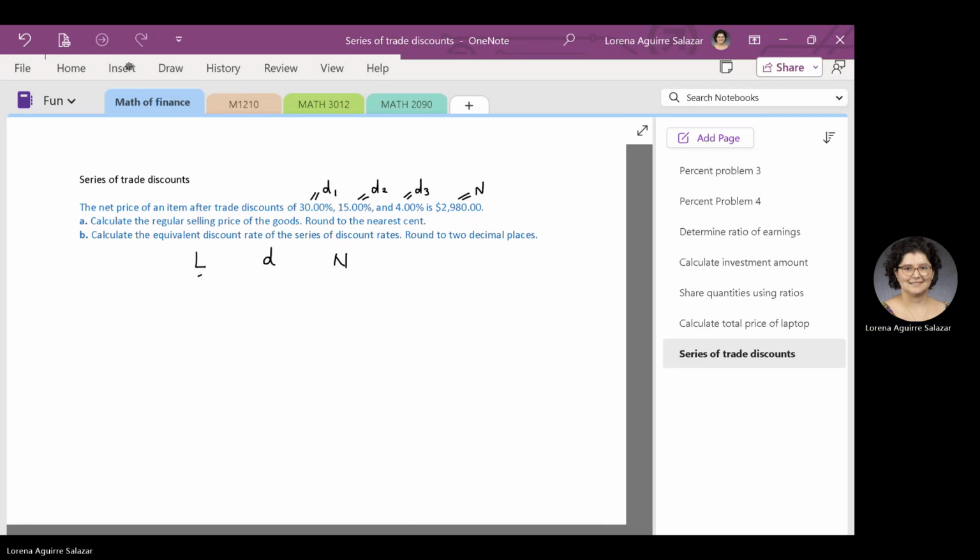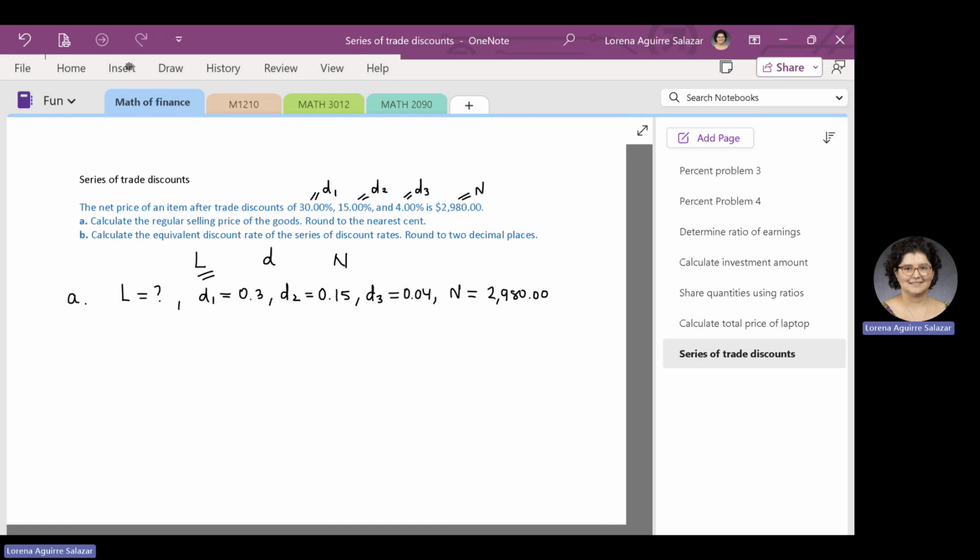That is finding L. For part A of this problem, we need to find L, provided that D1 is 30%, so we have 0.3. D2 is 15%, so we have 0.15. And D3 is 4%, so 0.04. And the net price of the item after the discounts is given by $2,980.